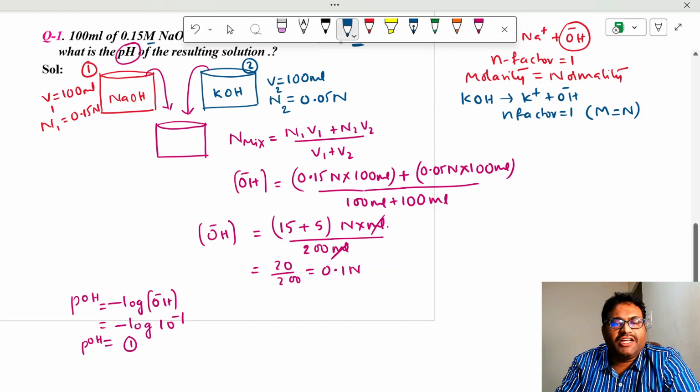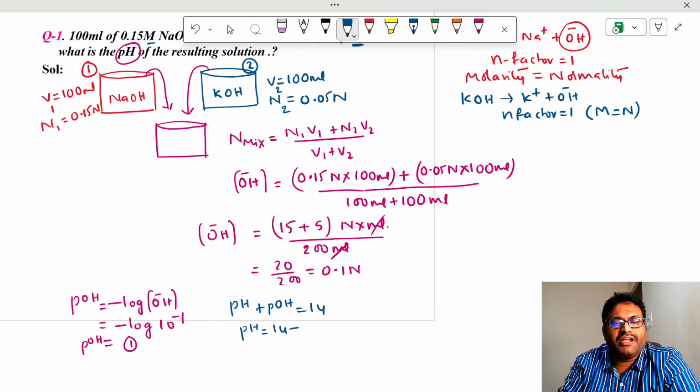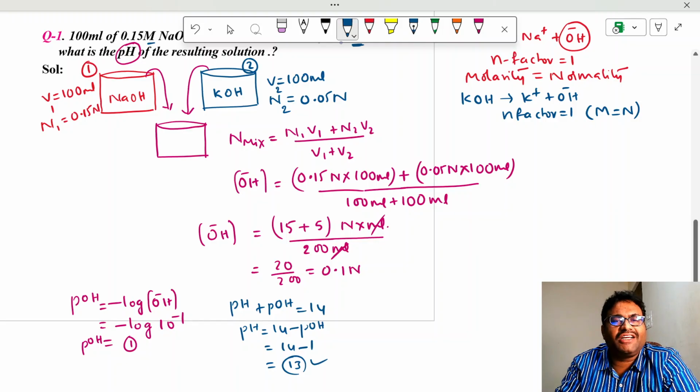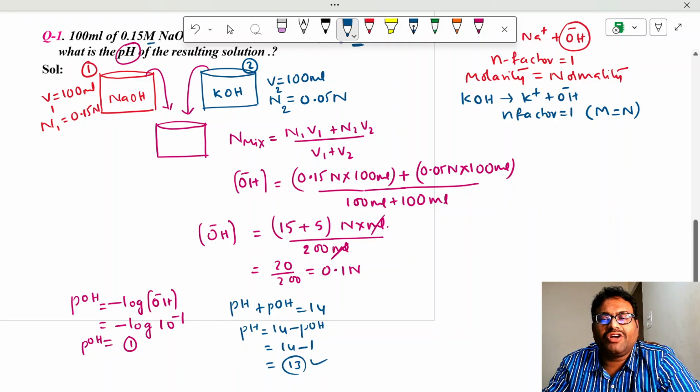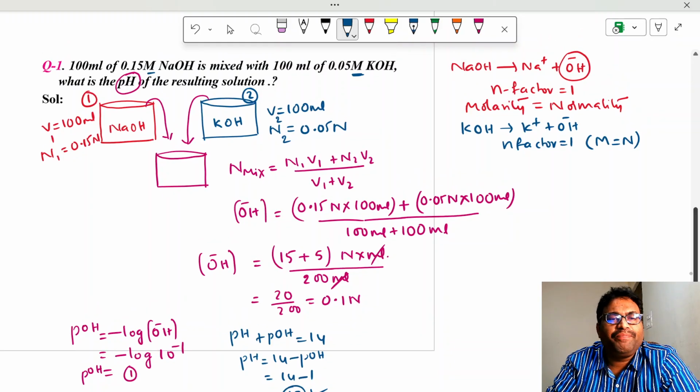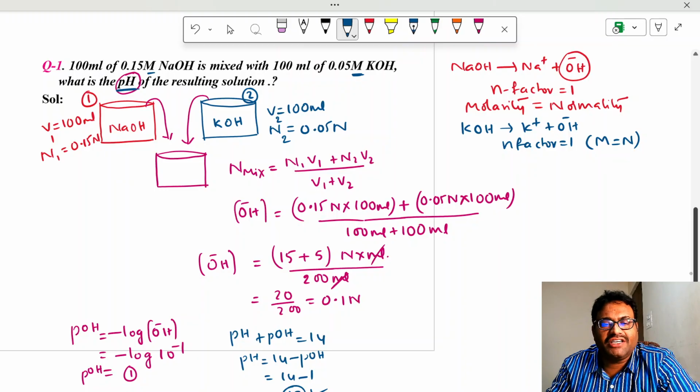And we know that pH plus pOH is equal to 14. pH is equal to 14 minus pOH, that is equal to 14 minus 1, that is equal to 13. So the answer is 13, because the question asked is what is the pH of the resulting solution? Understood? Right.